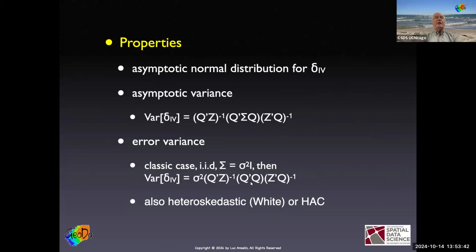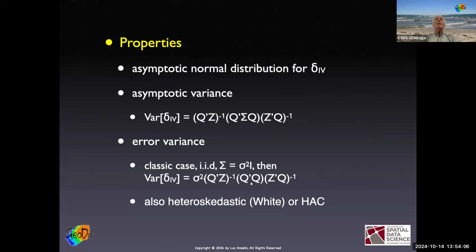Just as we've seen in the least squares estimation, we can walk away from this strict assumption of classic IID error terms, and we can allow general heteroscedasticity, and we can allow spatial autocorrelation of unknown form.